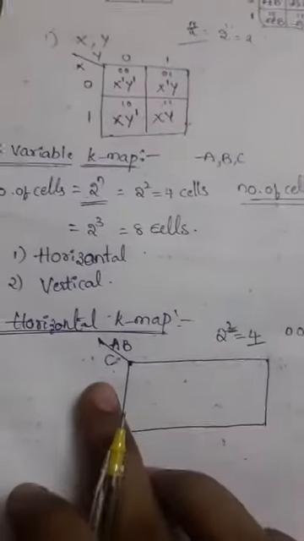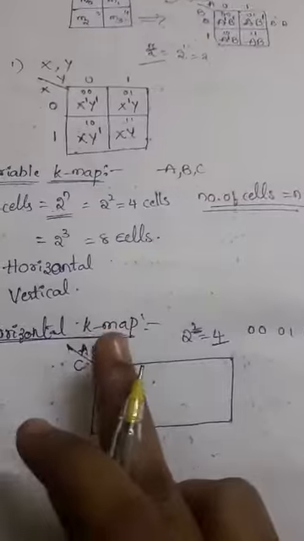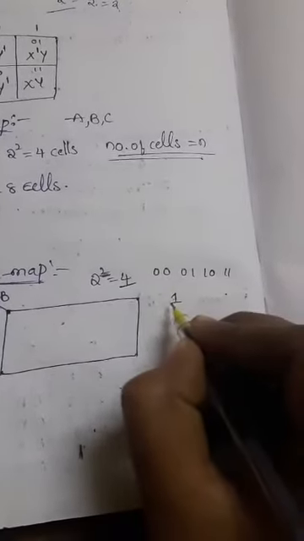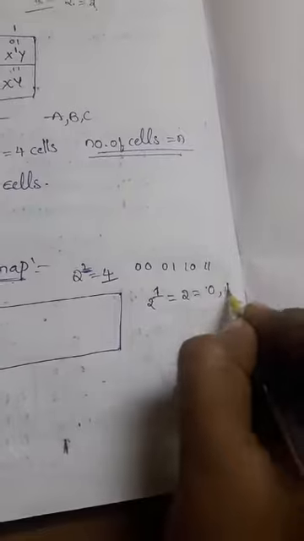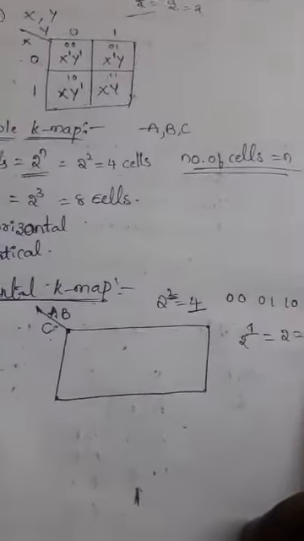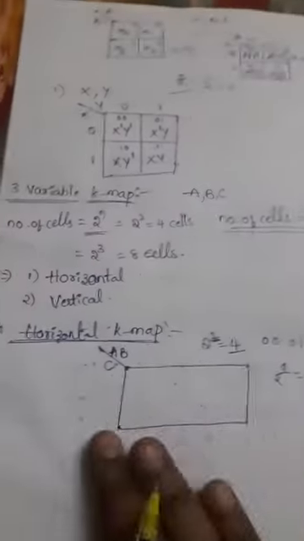And another variable, C, is a single variable. Single variable means how many possibilities? Two possibilities, 2 power 1 is 2, that is 0 and 1. So these are the possibilities. So this is the three variable K-map.